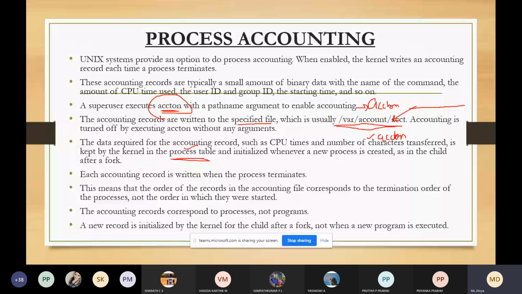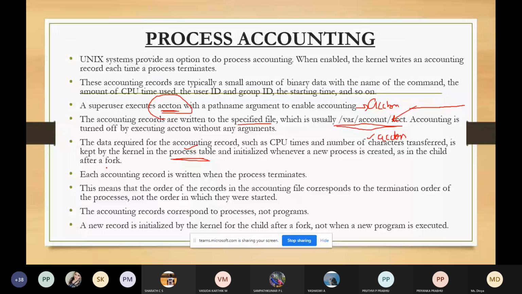When you execute the accton command with the path name, the kernel makes use of this process table to get all the information about the terminated process. This table is initialized whenever a new process is created, as in the child after a fork command.